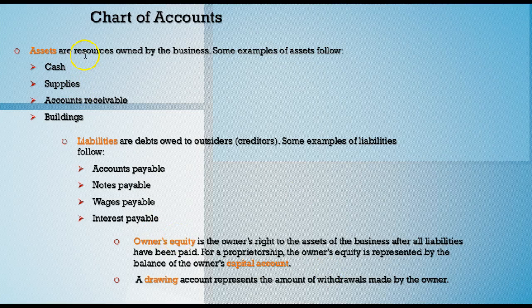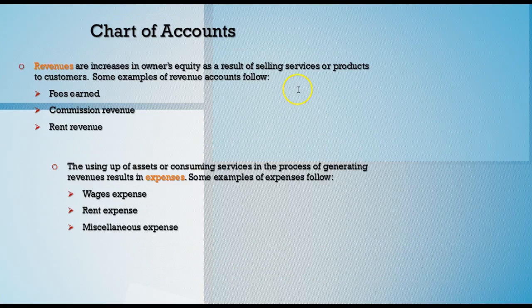You'll take what you own minus what you owe to get the owner's equity. And then there's a draw account down here that's used for when an owner withdraws money from the business for their own use. It's not very different than your personal account, only we're using some different terminology.